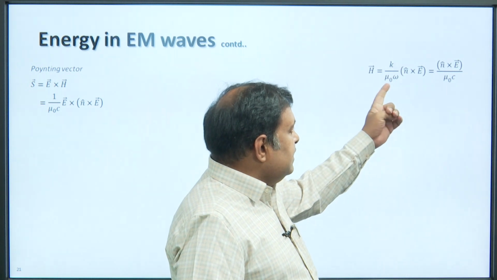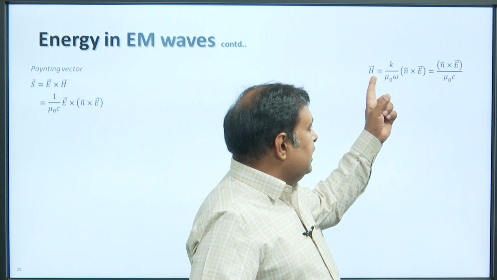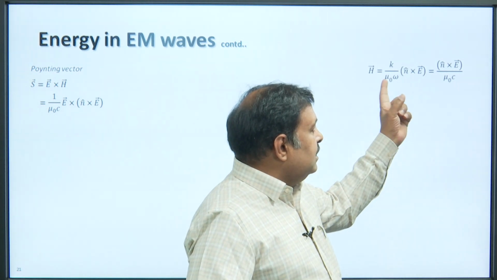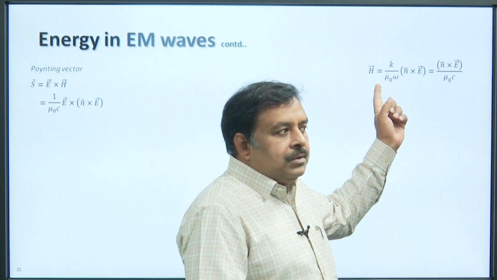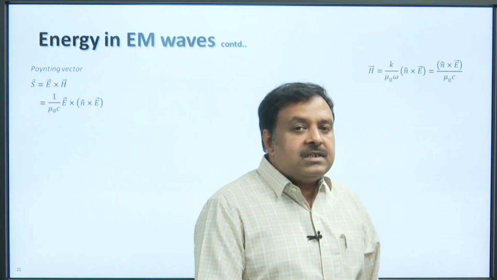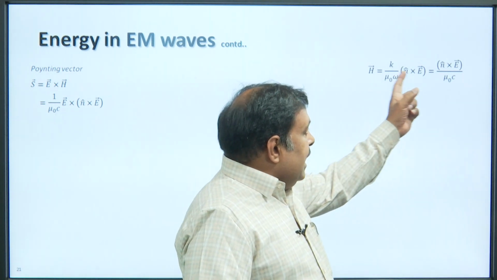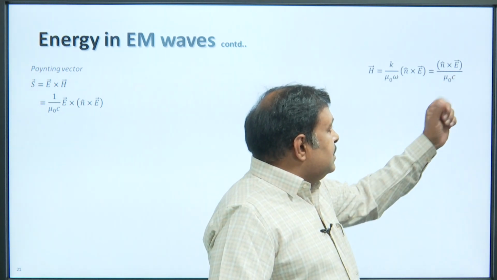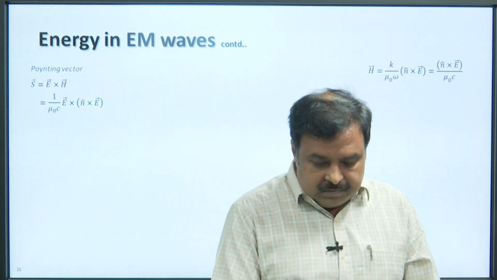Omega is angular frequency, mu 0 is permeability of free space. So, H and E are related by this equation. This you have learned when I taught you the transverse nature of electromagnetic waves. So, H is n cross E by mu 0 C, n is unit vector.